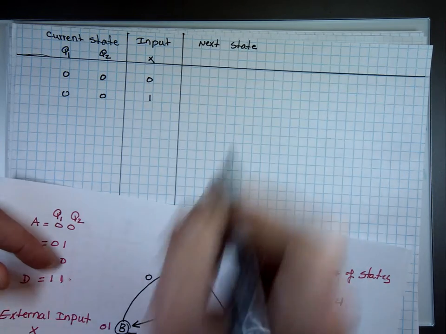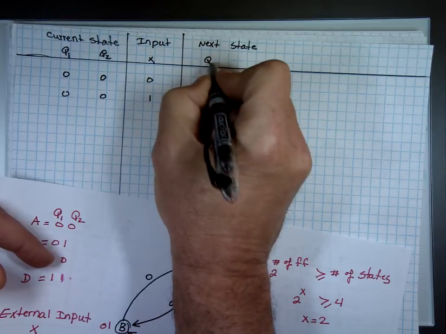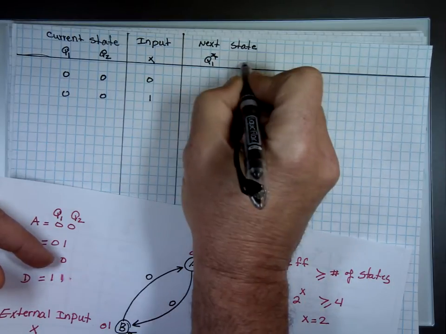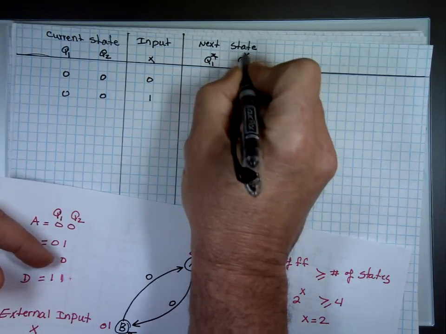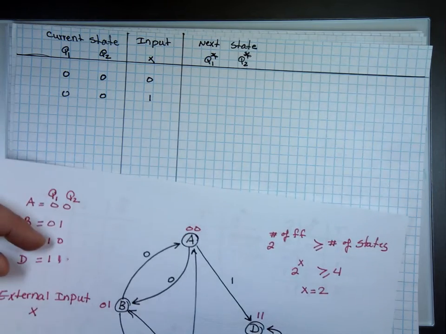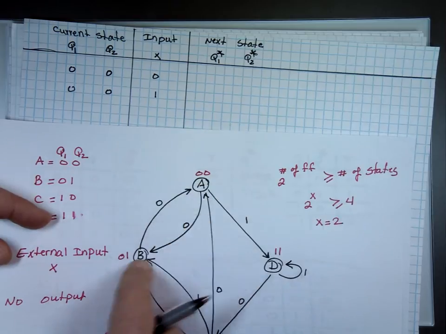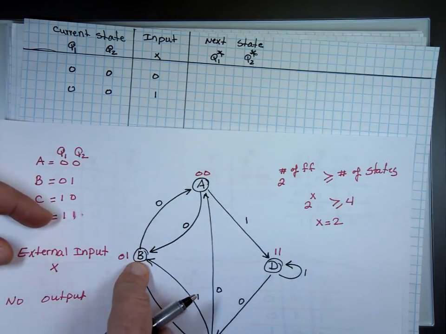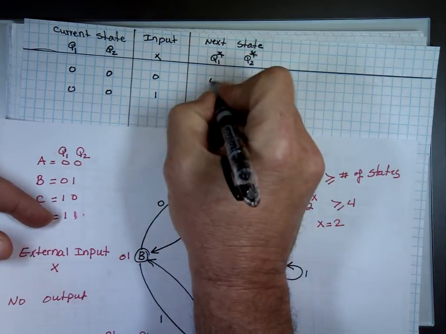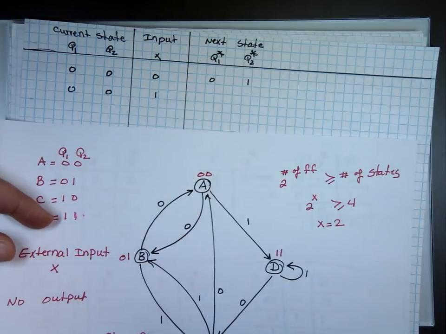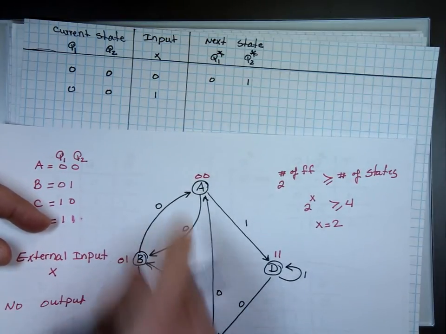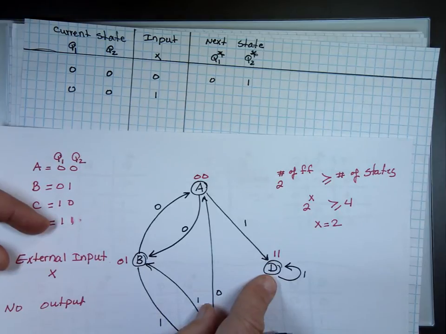We'll call that Q1 asterisk and Q2 asterisk. If I am at 0, 0, looking at that picture, my input is 0, I go to B, which is what, 0, 1? But if it's 1, you go where? To 1, 1, right?